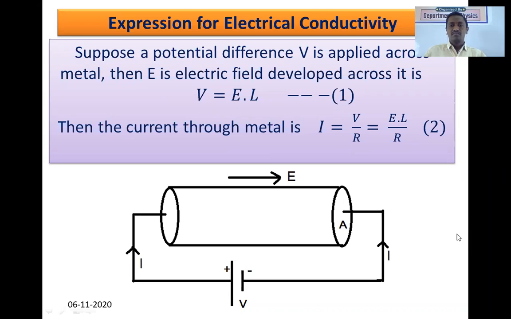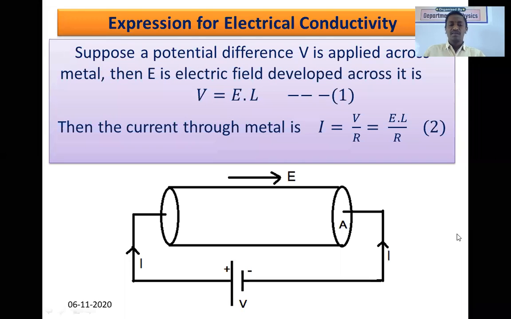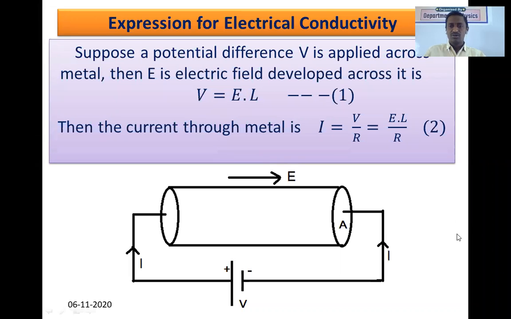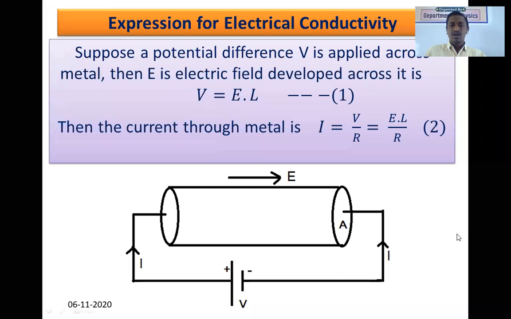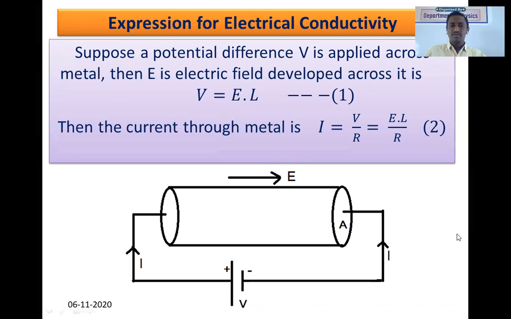Whenever the potential difference is applied to the metal block, we know the current flows through the metal. Again, an electric field is developed across the two ends of the metal, because as soon as the potential difference is applied, opposite charges accumulate on the two ends of the metal, which produces the electric field in that metal.